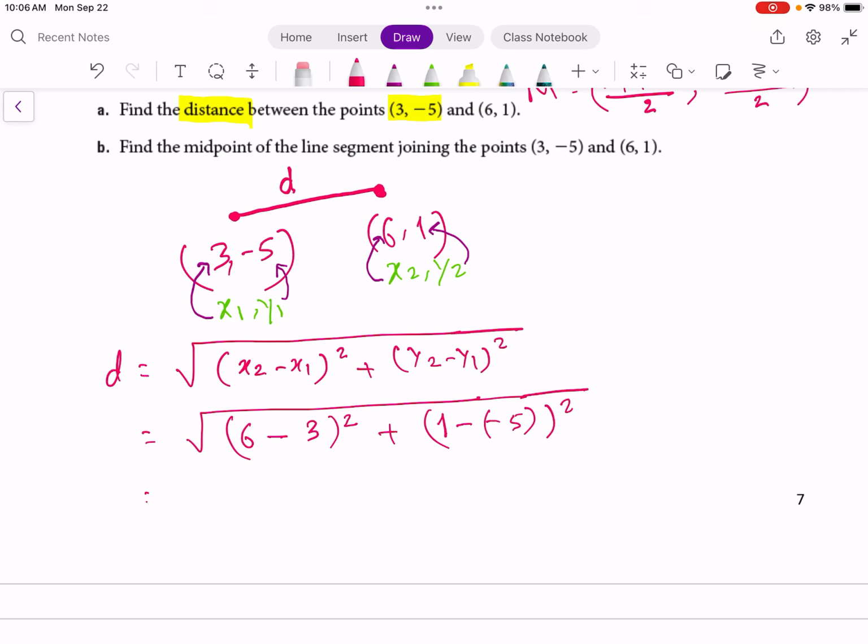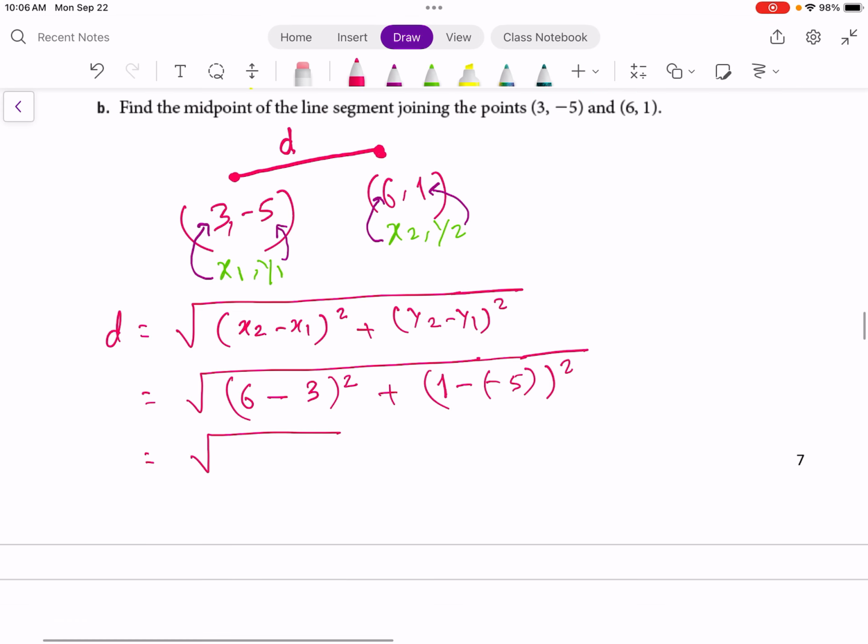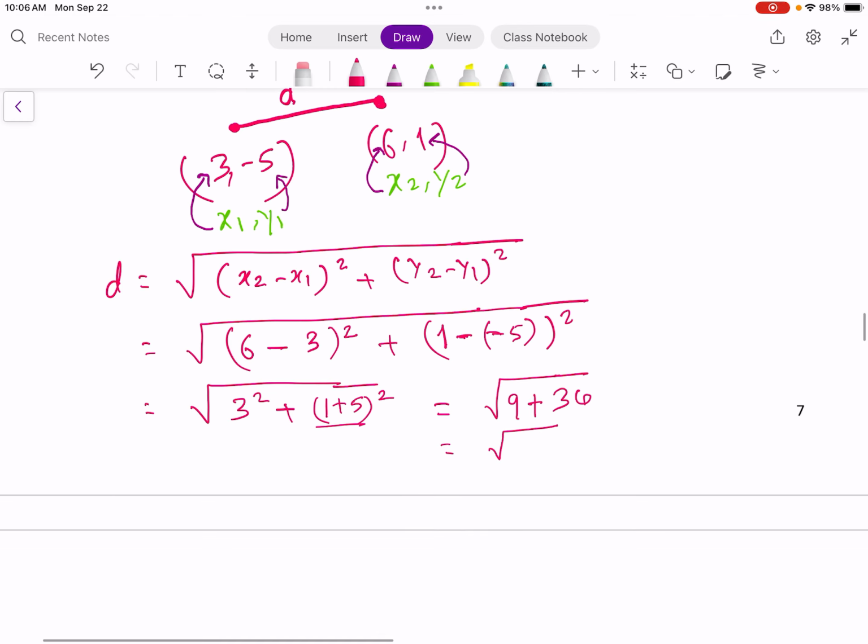Now this is 6 minus 3, that is 3 squared, plus 1 minus negative 5, that is 1 plus 5, squared. So 3 squared is 9, 1 plus 5 is 6, 6 squared is 36, the square root of 36 plus 9, that is 45.